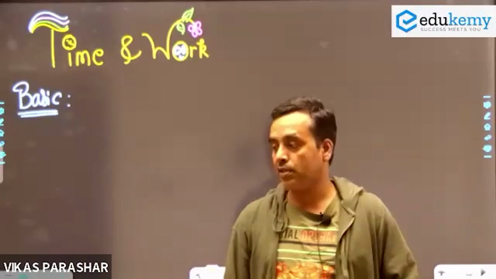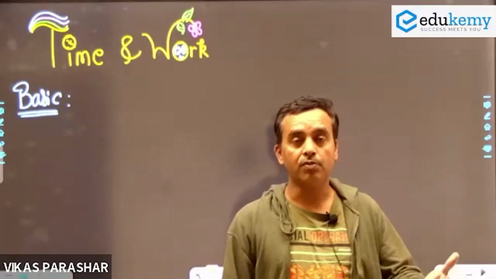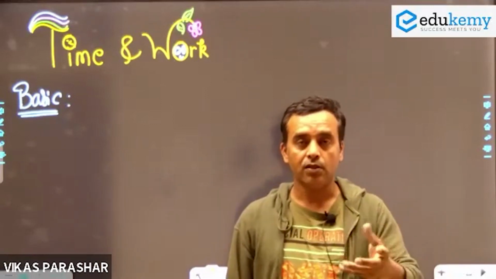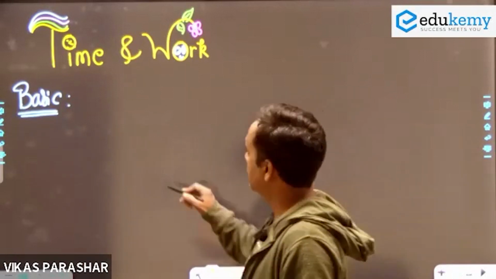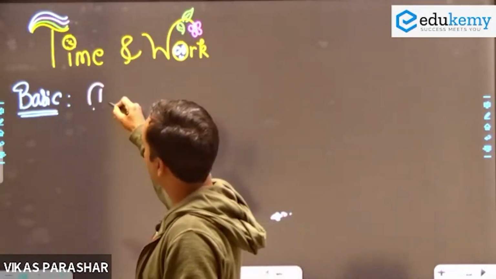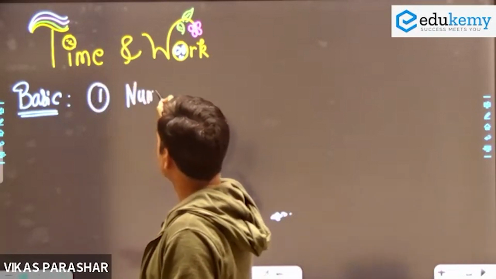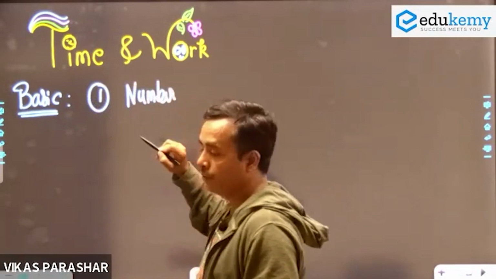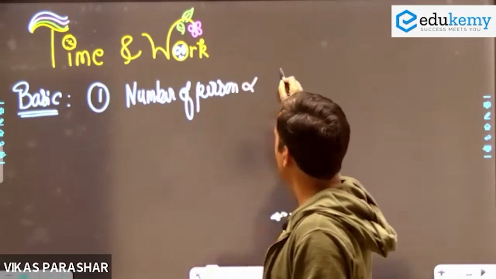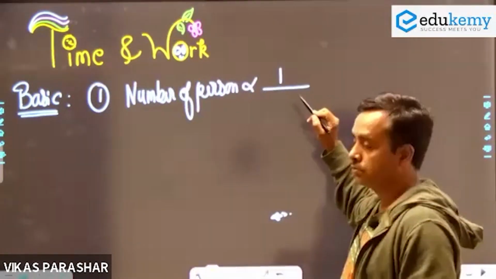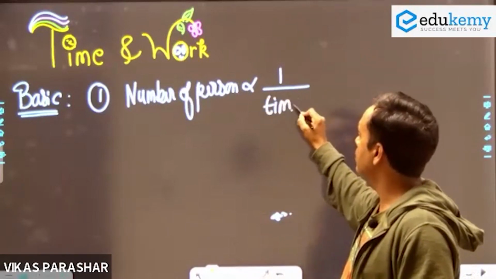This is very fantastic. Okay, so who works? Person works. Workers work. So there are three: time, work, and person. So I'm giving you the first very fantastic concept: the number of persons required to complete a work is inversely proportional to the time to complete the work.